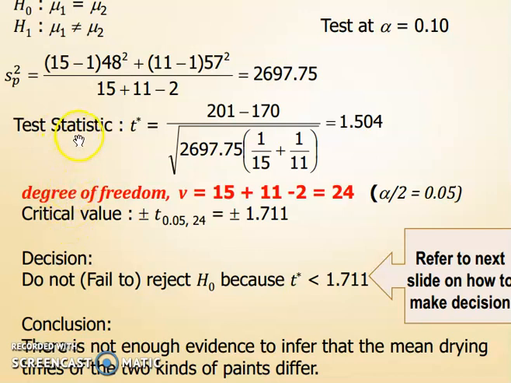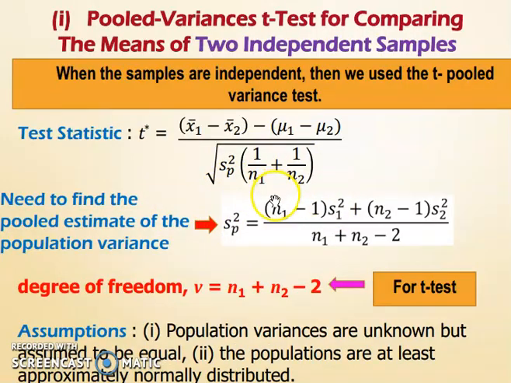If we refer to the test statistic, the formula will be x bar 1 minus x bar 2 minus mu1 minus mu2 over the square root of SP squared. So we need to calculate the SP squared, and this is the formula for SP squared. Looking back at the formula, the test statistic here is x bar 1 minus x bar 2, so it's going to be 201 minus 170 minus mu1 minus mu2.